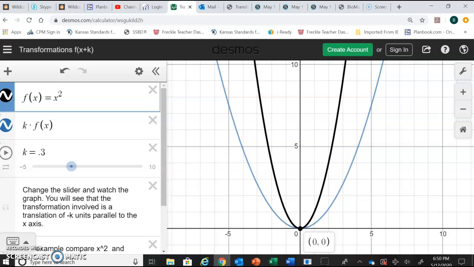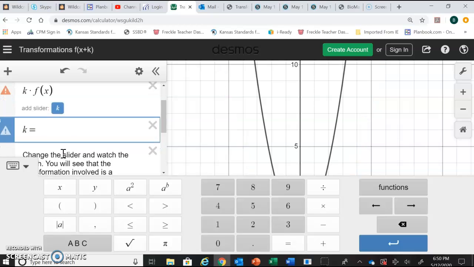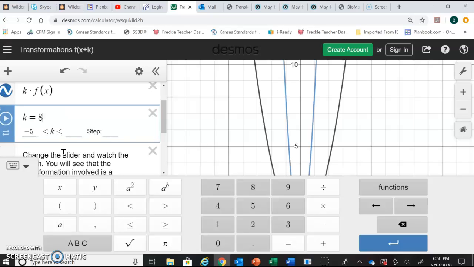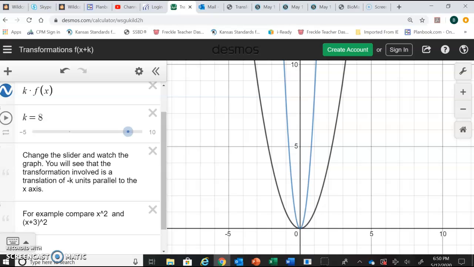Okay, and what you're going to call these two things, I'm going to show you the two visuals. If the value of k is greater than 1, it's going to be called a stretch. So let's say that your number was 8. That's greater than 1, right? It's going to be called a stretch. You know how you put your arms up high to stretch? That's what's happening. It's stretching up high and it's going up quicker.